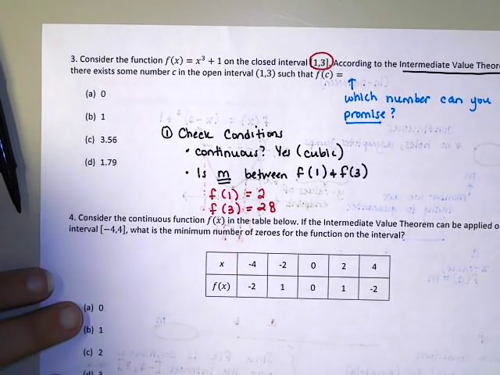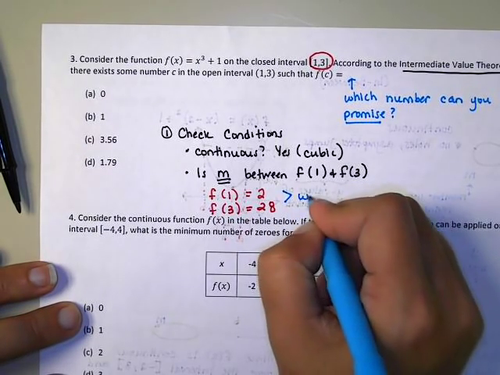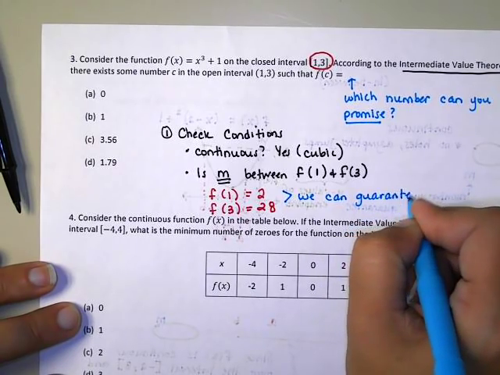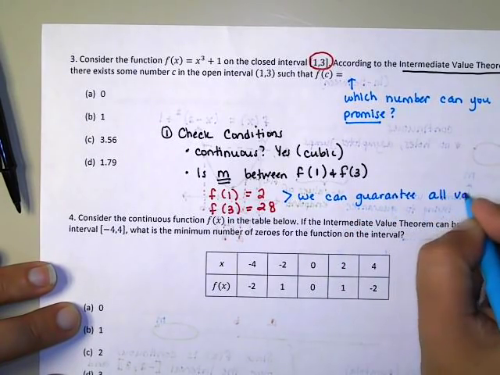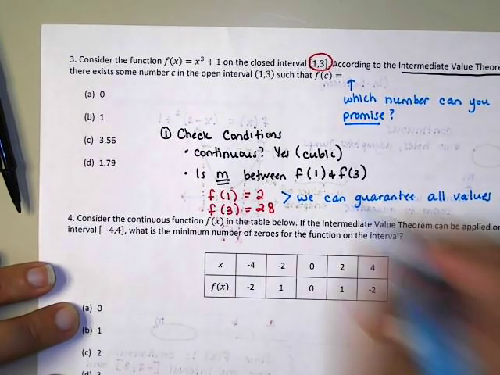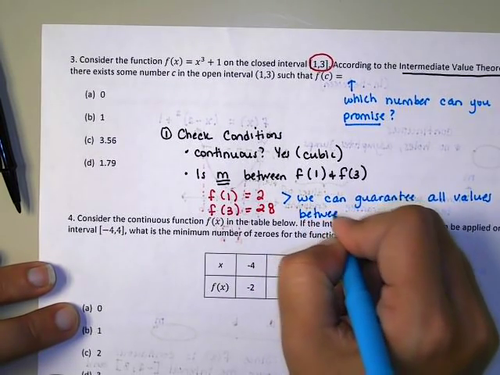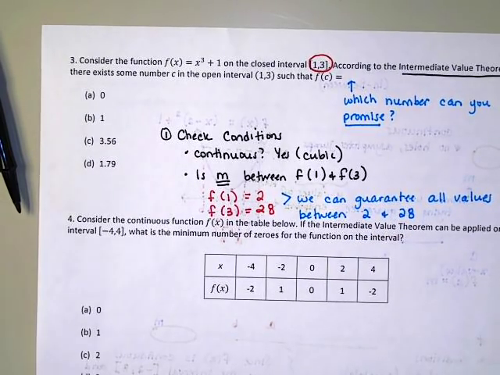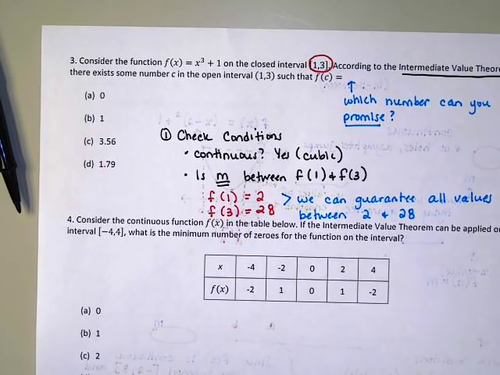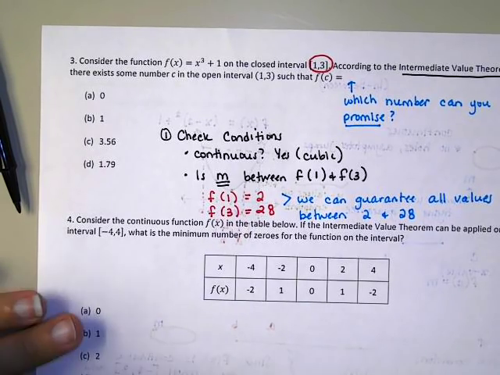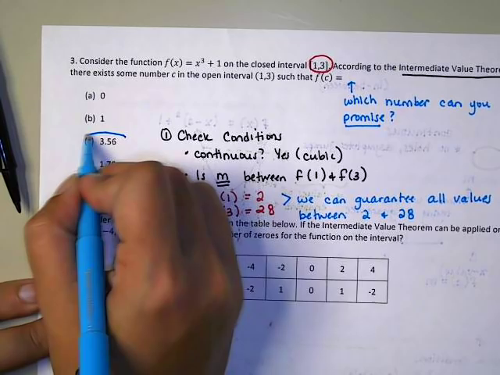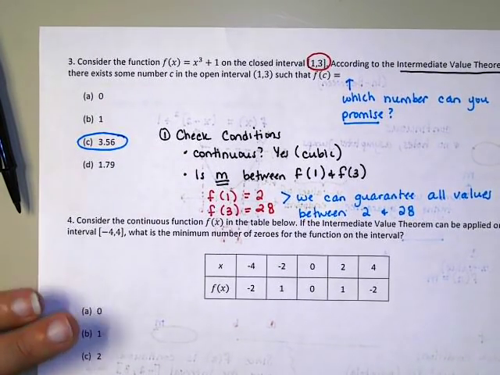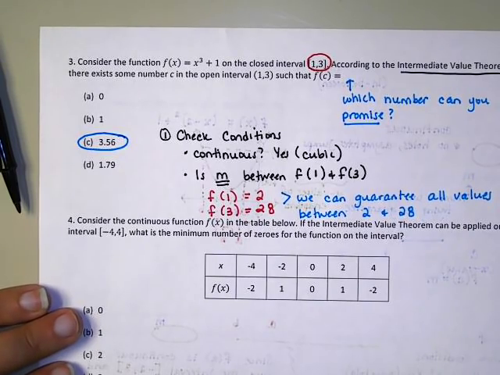So in other words, we can promise all the numbers between 2 and 28. Now if I look at this list, the only number on this list that's between 2 and 28 would be 3.56. So that's the number that I would be able to guarantee using the intermediate value theorem.